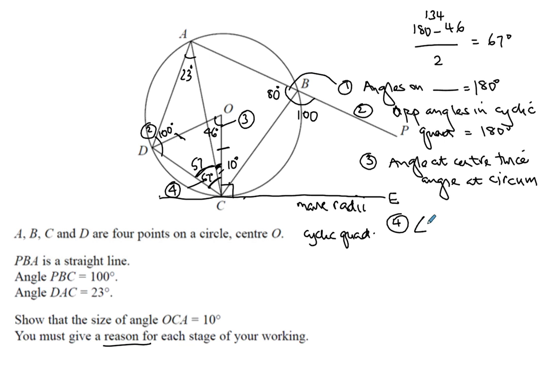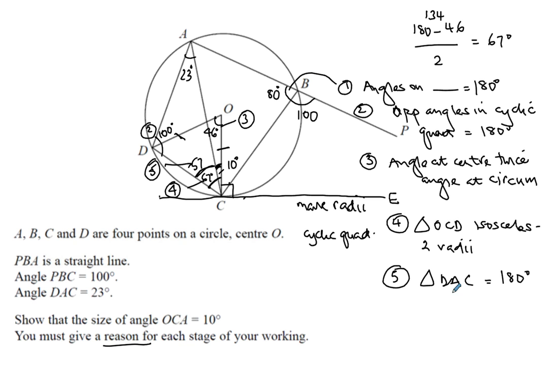Because triangle OCD is isosceles, 2 radii. And then we talk about that angle there, number 5, is because of triangle DAC, angles sum to 180.